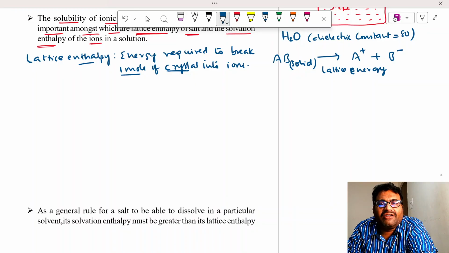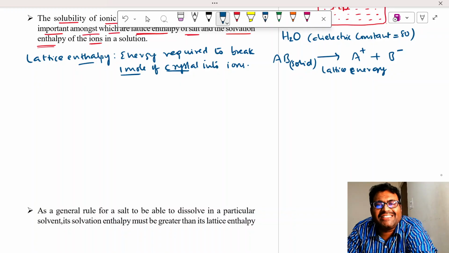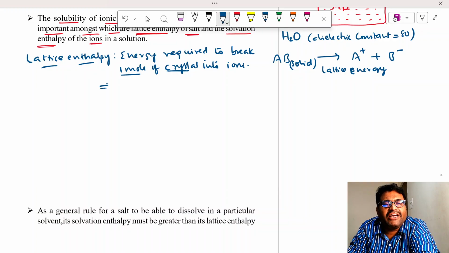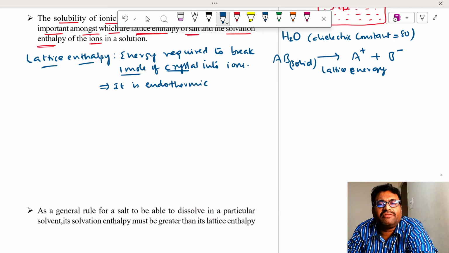Energy is required because very strong force is present between the ions, and to break that electrostatic force, energy is needed. That is called lattice energy. Is it endothermic or exothermic? It is endothermic, because energy is absorbed.